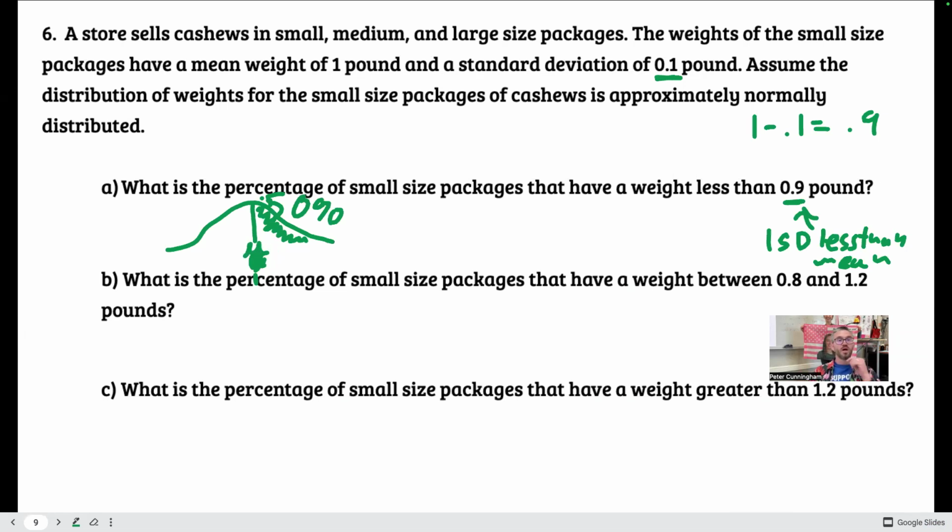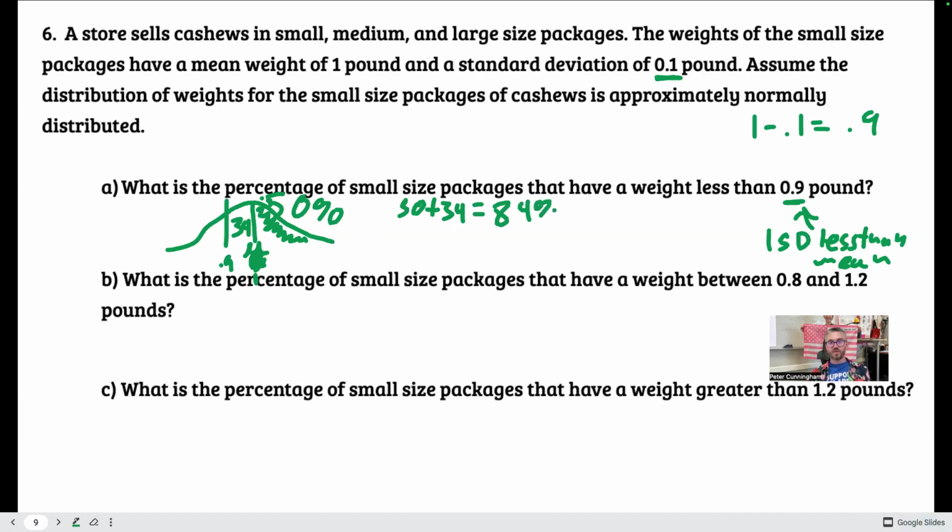Okay, so we know that within one standard deviation is 68%, right? So essentially what we're saying when we get to 0.9 here is that there is this 34, half of that 68%, plus the 50%. So above 0.9, I know is going to be 50 plus 34, which is 84%.